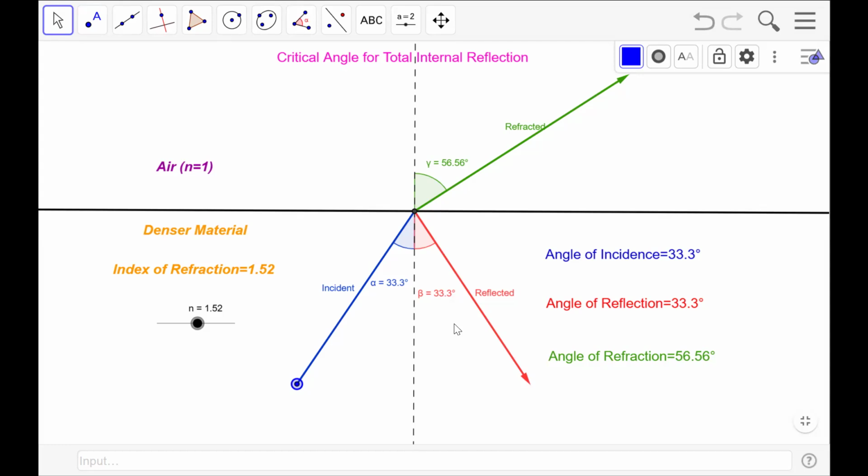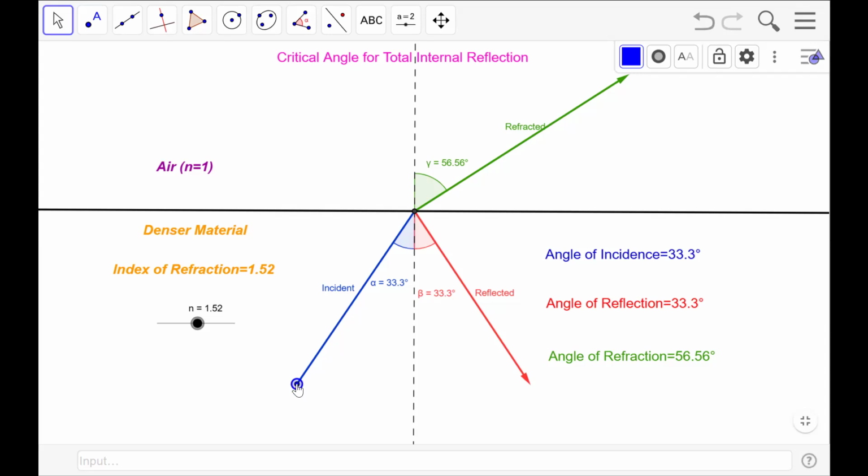So the angle of reflection is also 33.3 according to Snell's law. Already we know that. So the angle of refraction, from the normal to the refracted ray, gamma, is equal to 56.56 degrees.